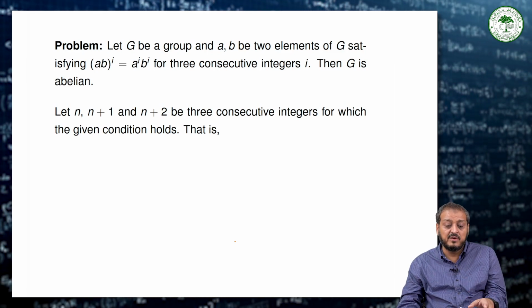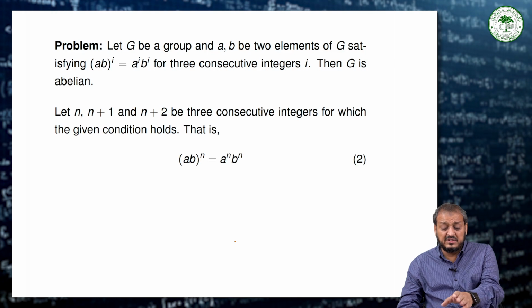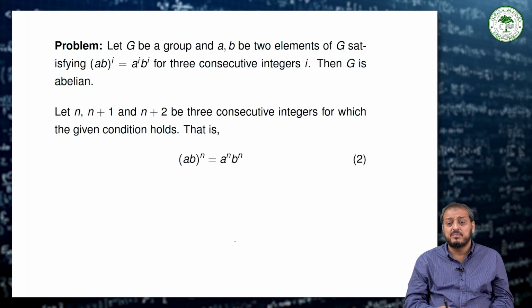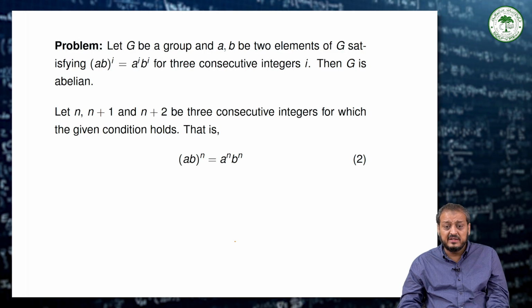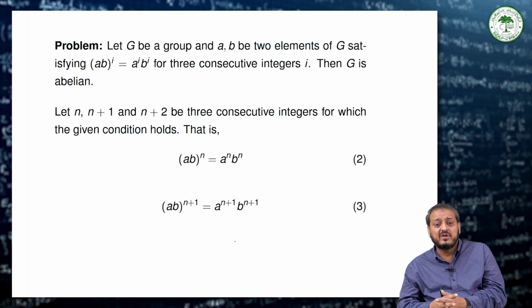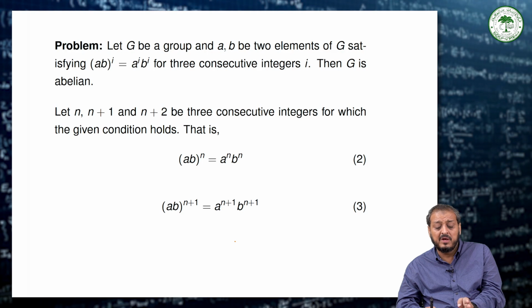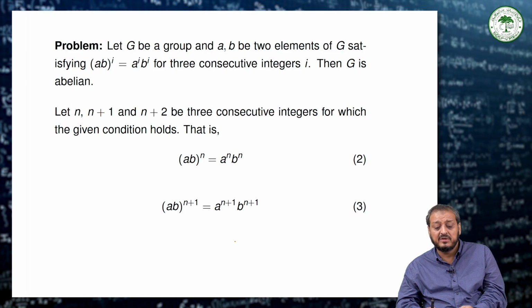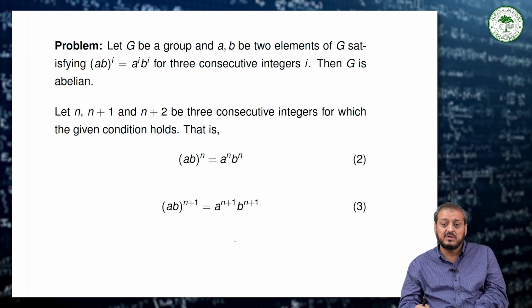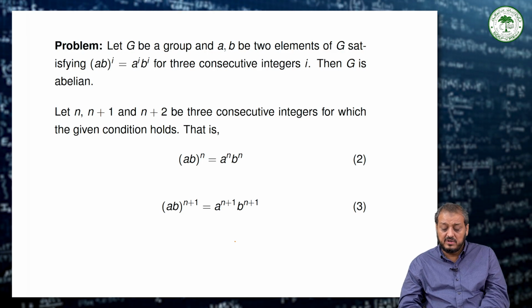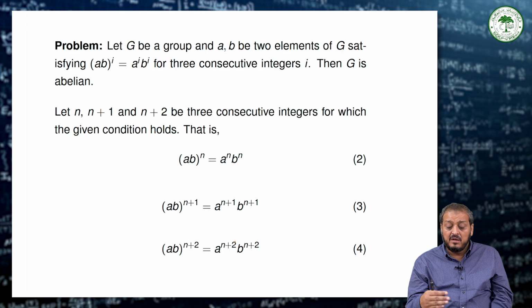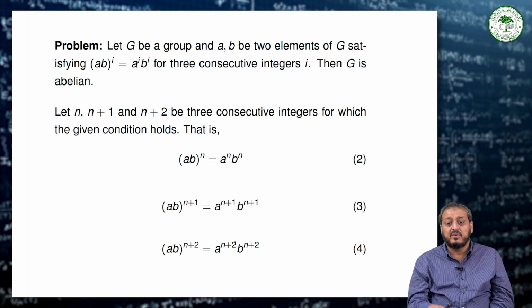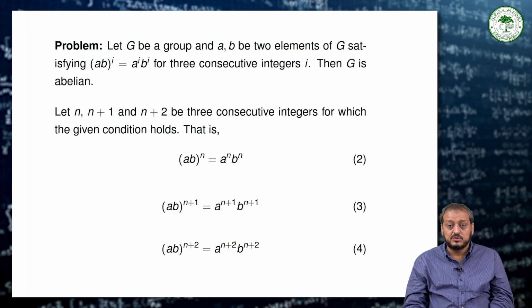So the first condition is (ab)^n = a^n b^n. Then another is (ab)^(n+1) = a^(n+1) b^(n+1), and then (ab)^(n+2) = a^(n+2) b^(n+2).